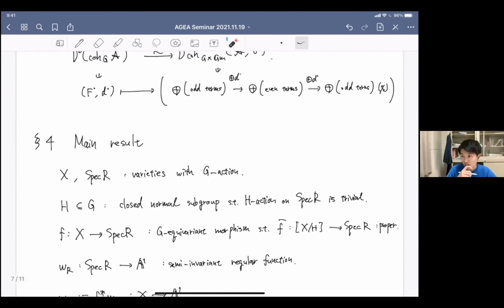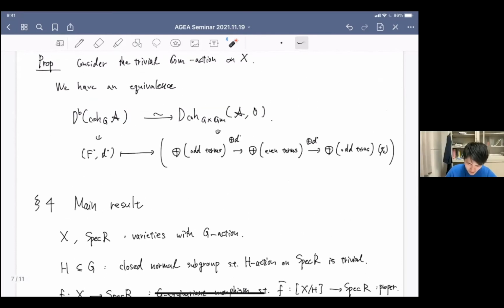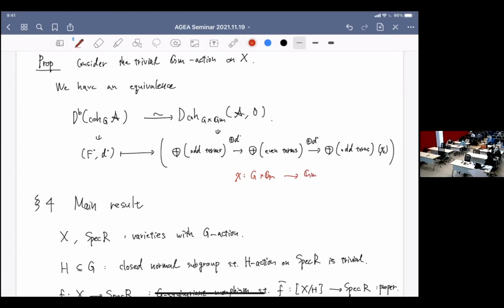Is there any questions? So what is chi in the last term of the complex? Yes, thank you. Chi is a projection from G times Gm to Gm. Thank you.